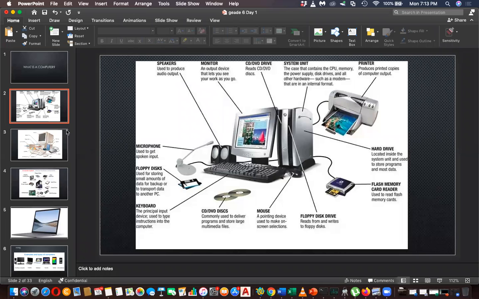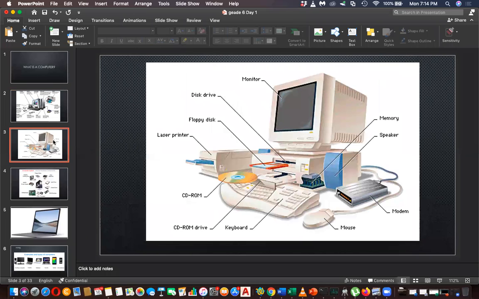Right. Then, so we discussed a few devices. Examples for input devices and examples for output devices. Can you tell me what the input devices on this screen are? Mouse, correct. Keyboard, correct.